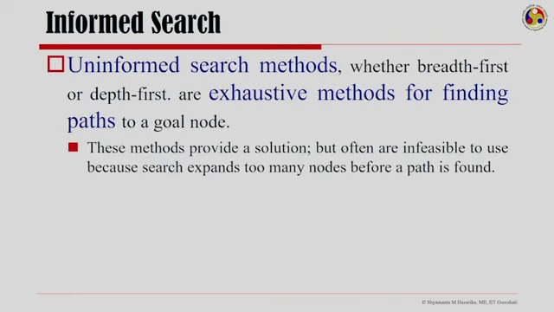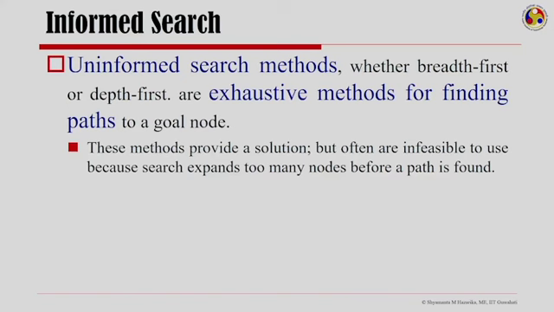Uninformed search methods that we have discussed so far, whether breadth first or depth first, are exhaustive methods for finding paths to a goal node. These methods provide a solution, but often are infeasible to use because search expands too many nodes before a path is found.